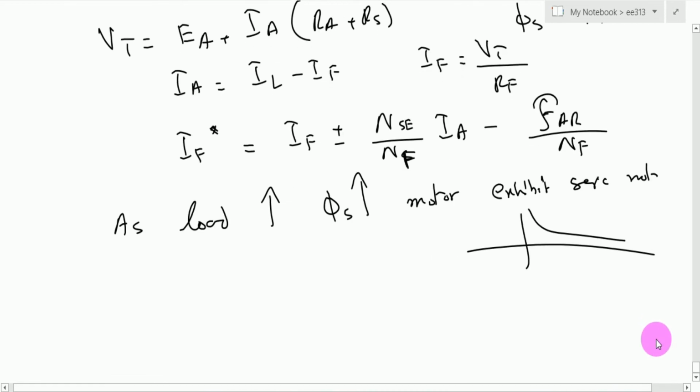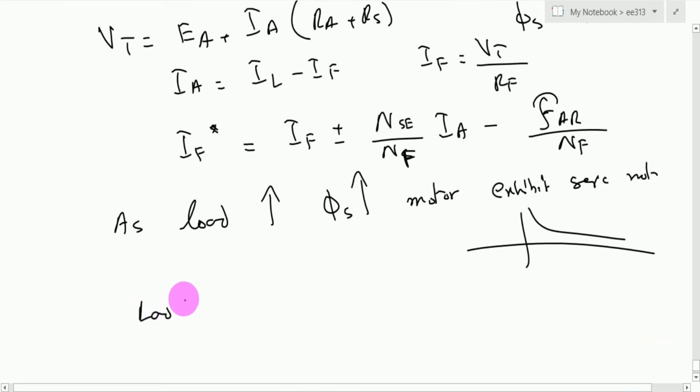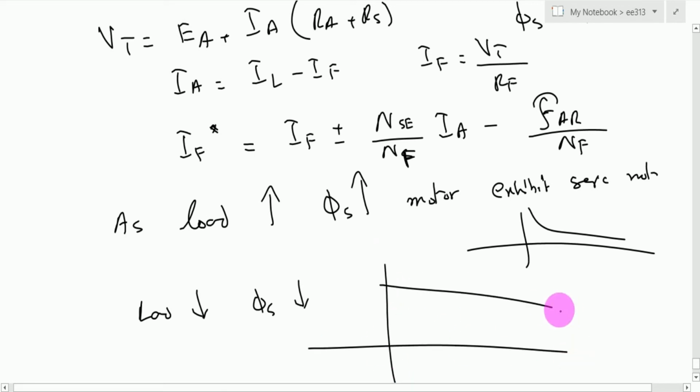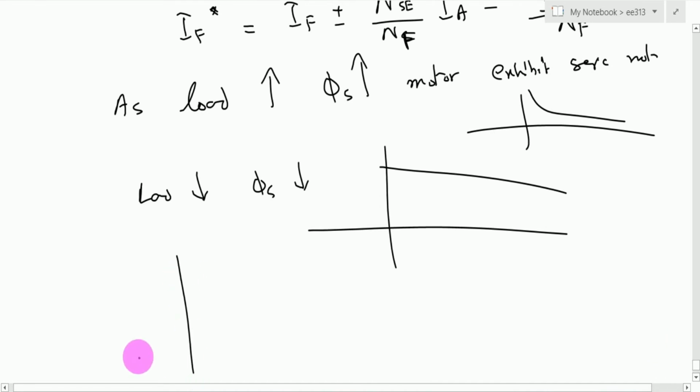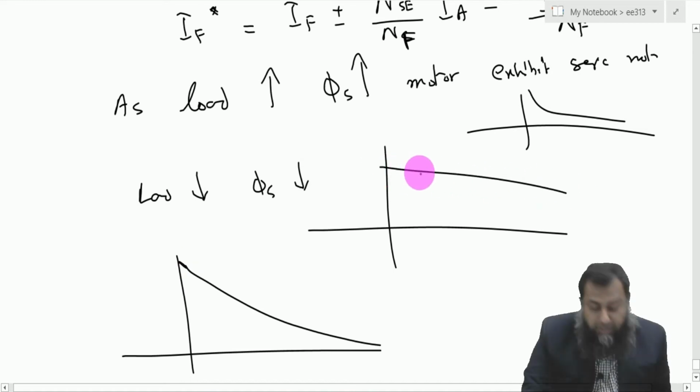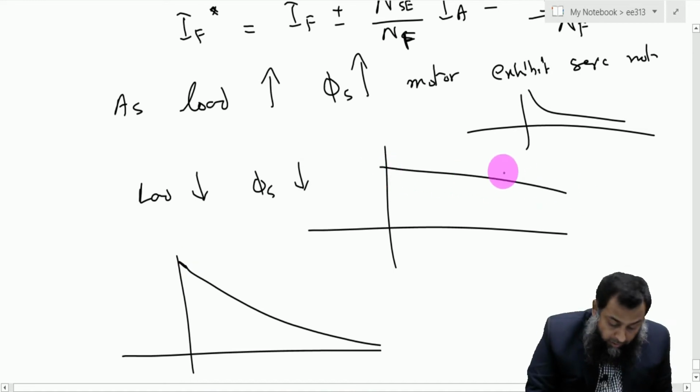However, if the load is very low, then this phi S is very low, and the motor is predominantly behaving like a shunt motor, which has this type of characteristics. So the overall characteristics of the cumulatively compound DC motor is something like this one. It is neither exponential nor a flat line of constant speed like a shunt motor. Moreover, it also has a no load speed.